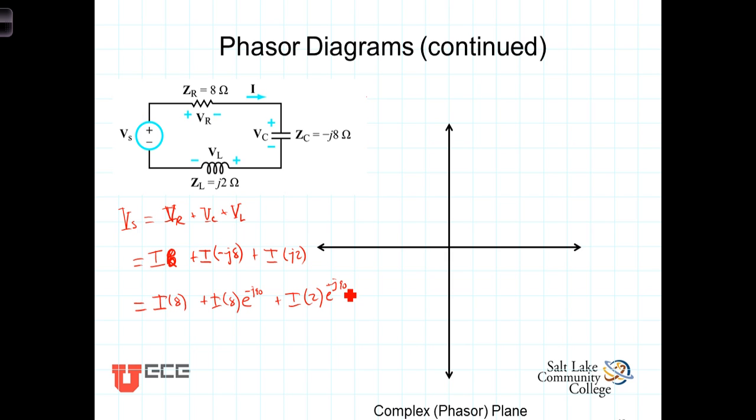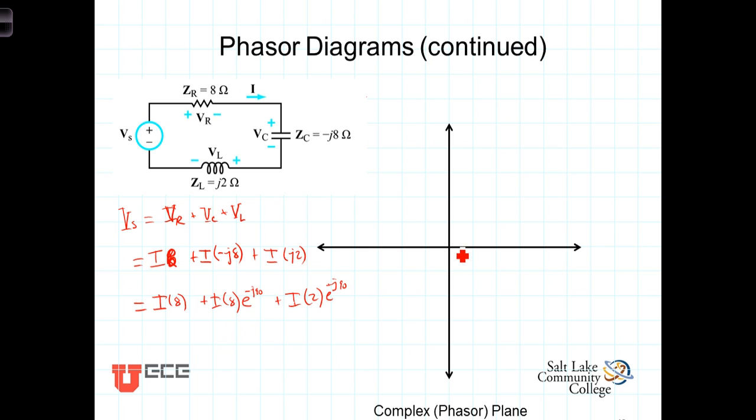So again, what this is saying is that the phase of the voltage across the inductor is 90 degrees greater than the phase of the current.